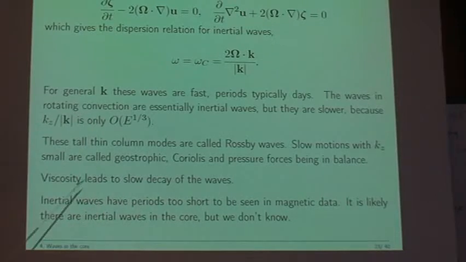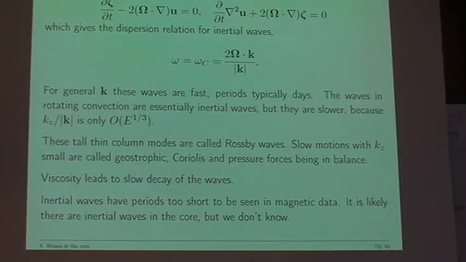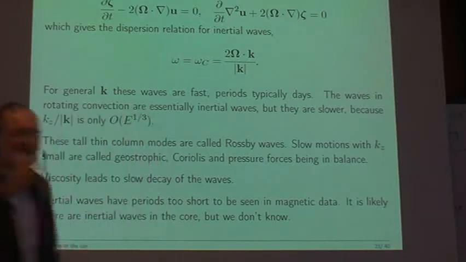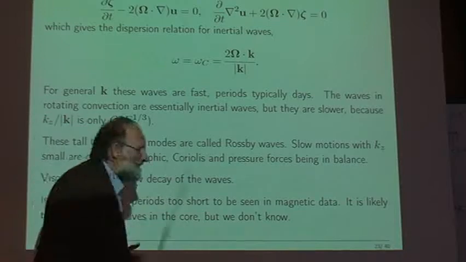And do they happen in the core? Probably, but we don't really know, because the magnetic field would be shaken up on such a short time scale that it would diffuse away before it ever got anywhere near us. So it's extremely hard to detect that kind of motion, that kind of frequency, in the Earth's core.